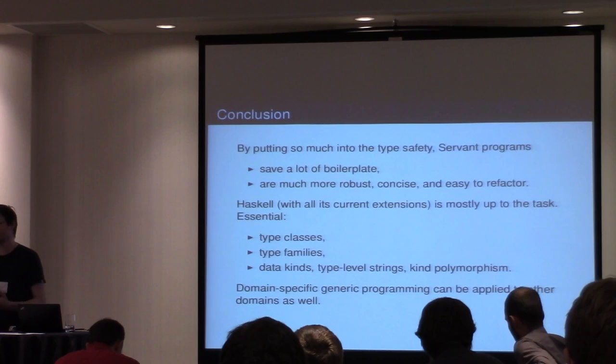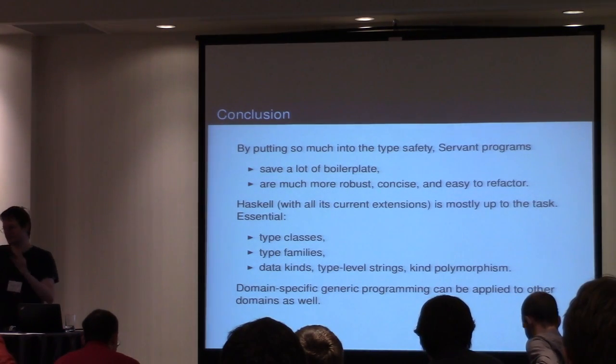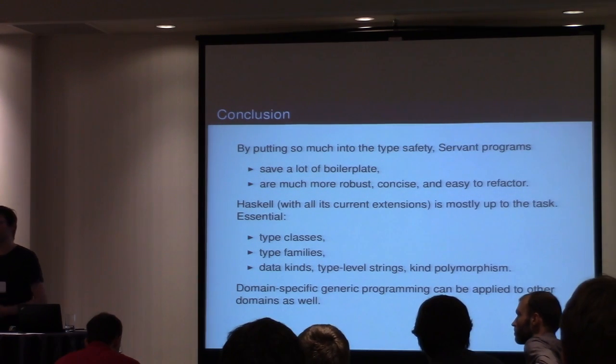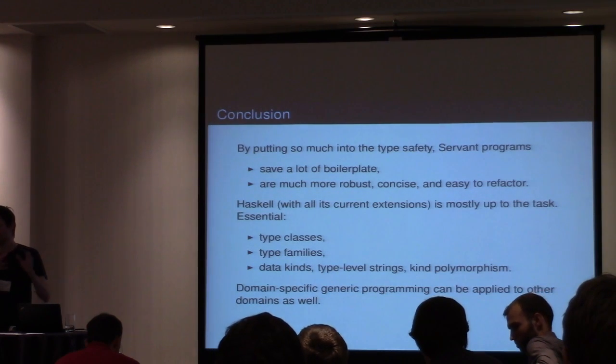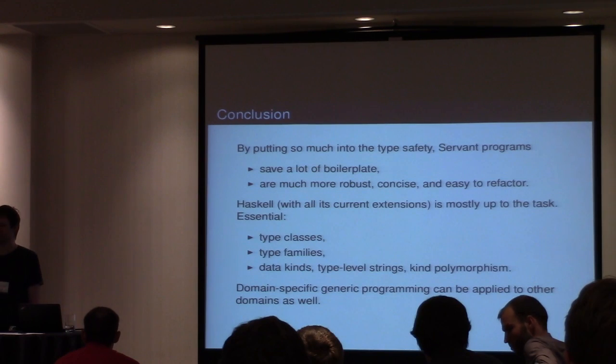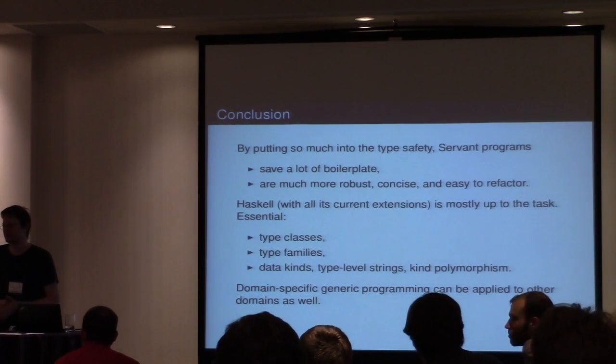So if you have a situation like this one where you have many different resources that are all accessed by the same structure of sub-APIs, you can certainly abstract that out within Servant using normal abstraction mechanisms that are provided by Haskell and parameterize. I'm not sure whether that answers your question.